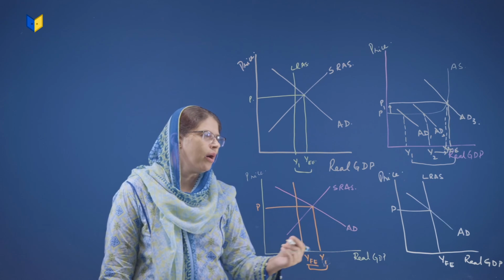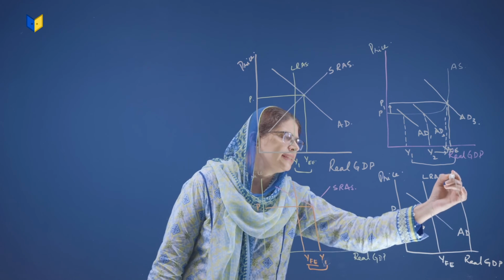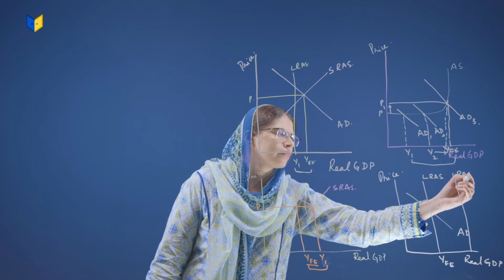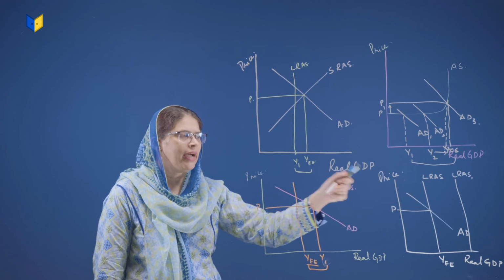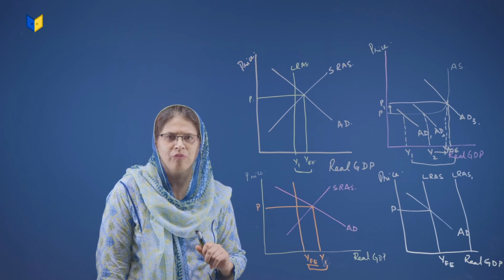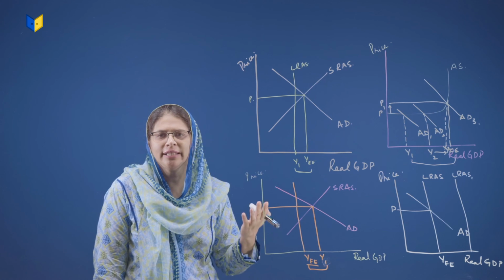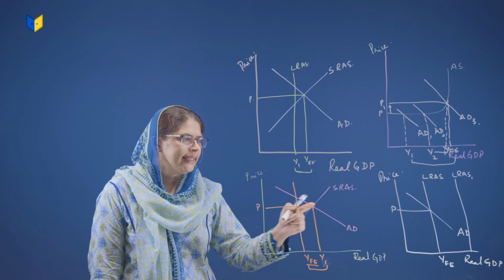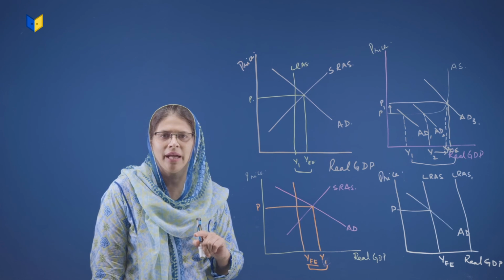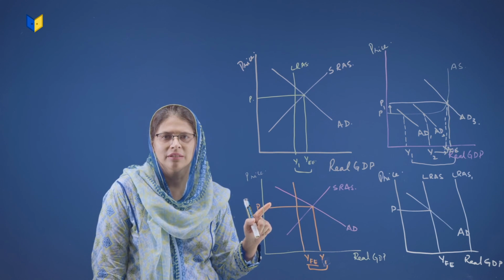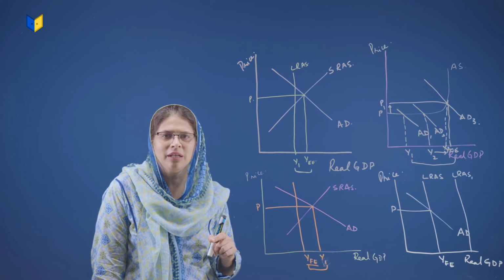Now, if the government increases the aggregate supply to LRAS1, what is the benefit? क्या फायदा हुआ? The aggregate demand is not intersecting the long run aggregate supply curve, which is the new one. So it is not beneficial. इसका तो कोई फायदा ही नहीं हो रहा.